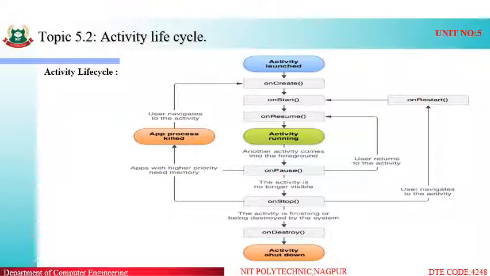That is, again the steps will be followed: after onPause, it moves to onResume. These are the different states of an activity throughout its life cycle. This is very simple to understand.